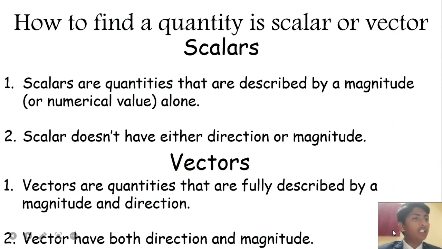Scalars are the quantities that are described by magnitude, or the numerical value, alone. Scalars are given just a numerical value with its unit, and do not have any direction. But vectors are quantities fully described with both magnitude and direction.